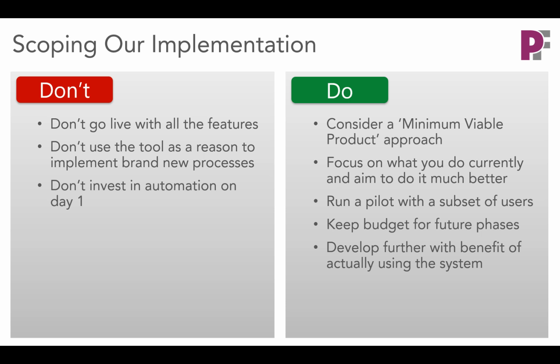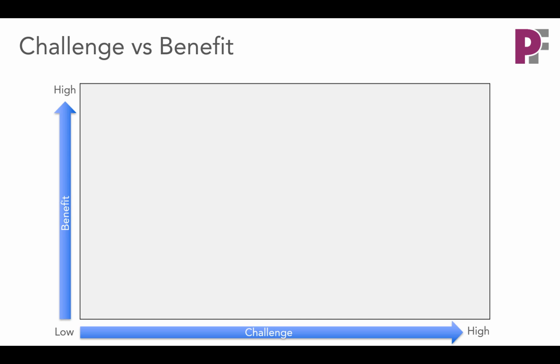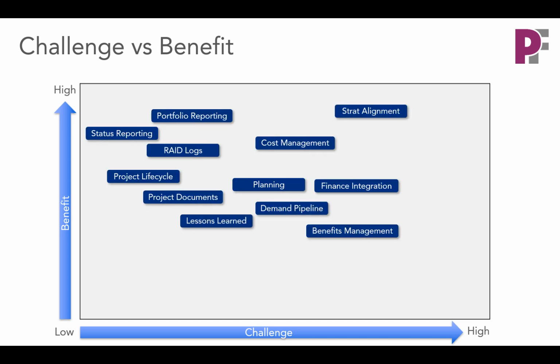So when we come to consider the prioritization of features for our PPM tool, this may be a helpful way of thinking about it. Let's assess them in terms of their benefit to the organization versus the challenge to implement them, to configure them, to adopt them. And here are a bunch of example features that are just randomly placed here.